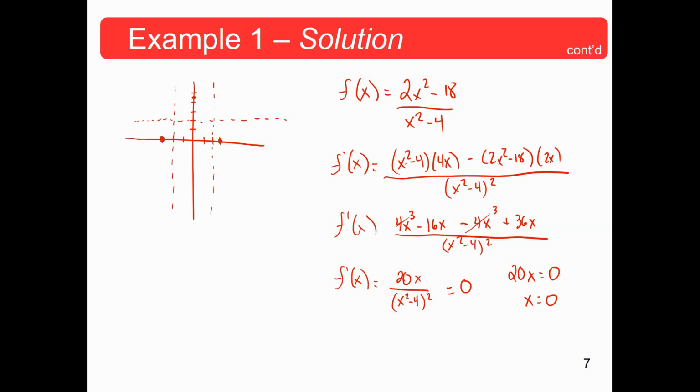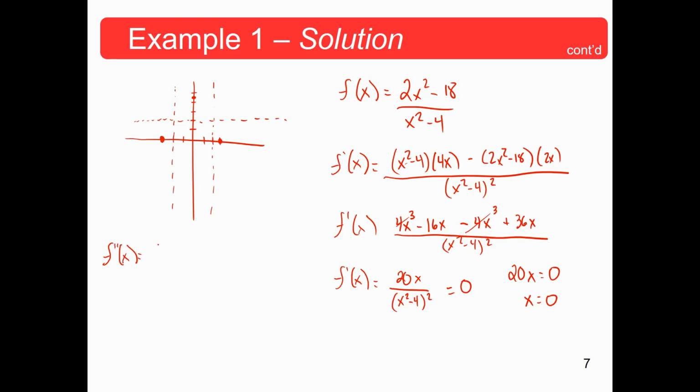So how do I find it? I go over here. I've got 0, right? No. We're going to have to use the second derivative anyway. Let's wait. Let's not do the first derivative test unless we have to. So let's go ahead and find the second derivative.